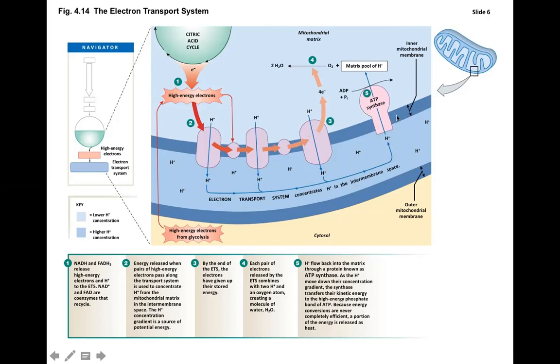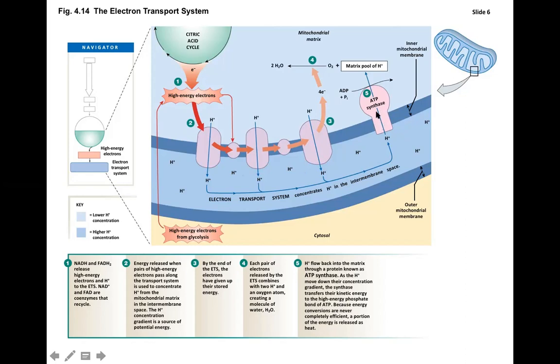There's another protein on the membrane of the cristae, the inner membrane of the cristae, and it's called ATP synthase. And this is the only place that hydrogen ions could pass through to go back. So hydrogen ions pass through, and as they move through, that potential energy is converted to kinetic energy because it's moving across.